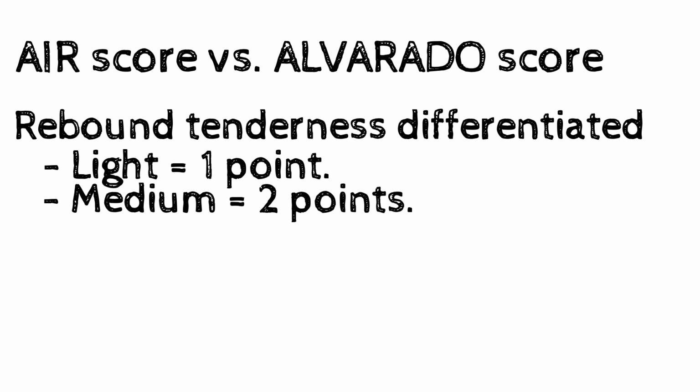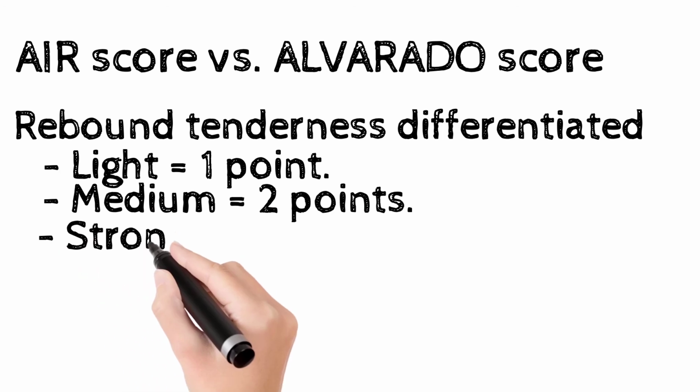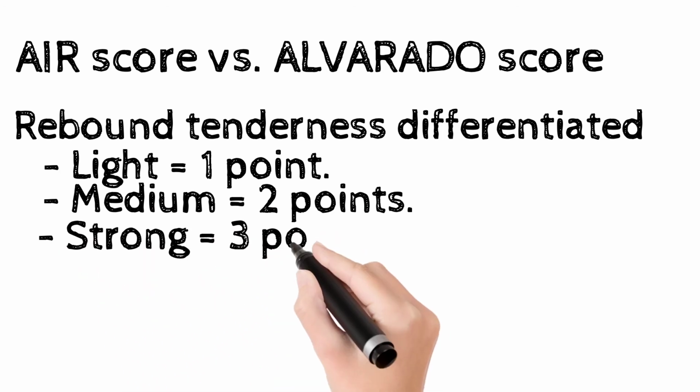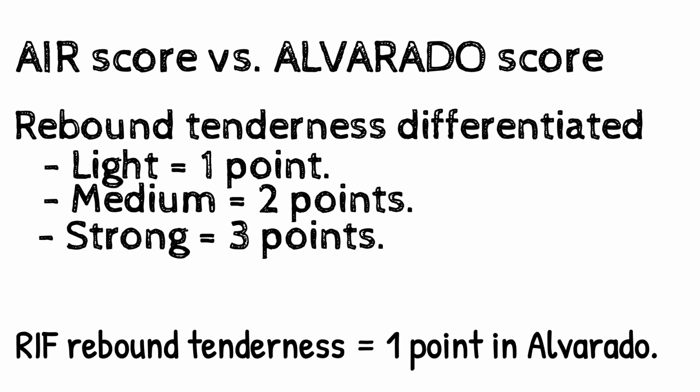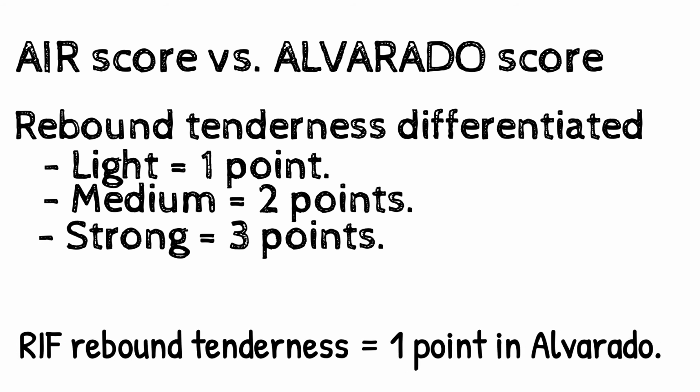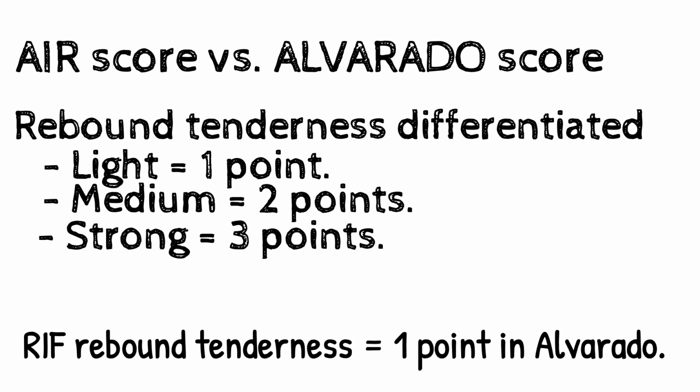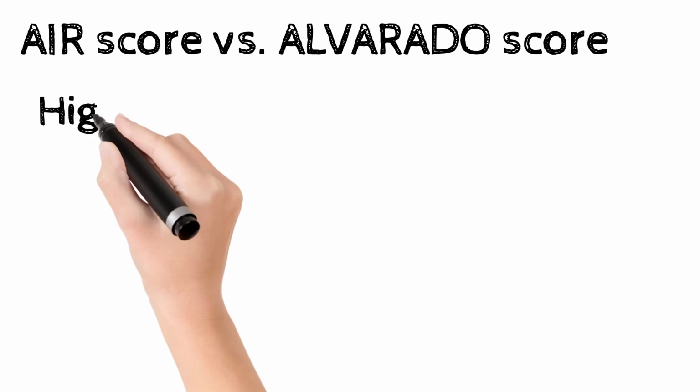Light muscle defense is 1 point, medium muscle defense is 2 points, and strong muscle defense is 3 points in the AIR score. There was no differentiation in the Alvarado score. We just spoke of right iliac fossa rebound tenderness, and 1 point was allocated for this.